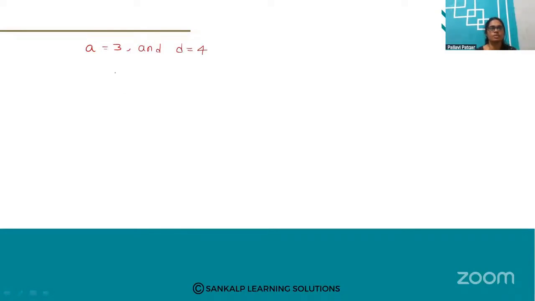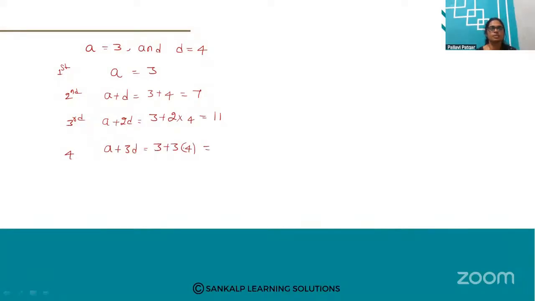So the 5 terms: the first term is A, which is 3. The second term is A plus D, 3 plus 4, which is 7. The third term A plus 2D is 3 plus 2 into 4, which is 11. The fourth term A plus 3D is 3 plus 3 into 4, so 3 plus 12, 15.